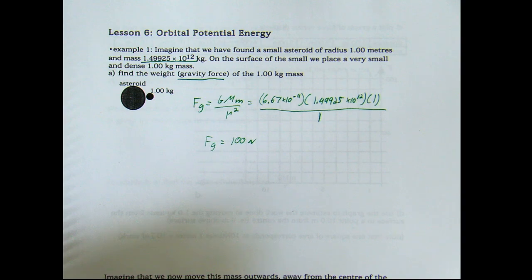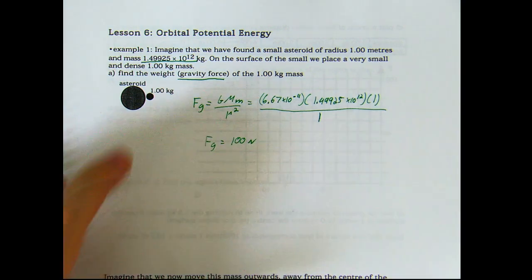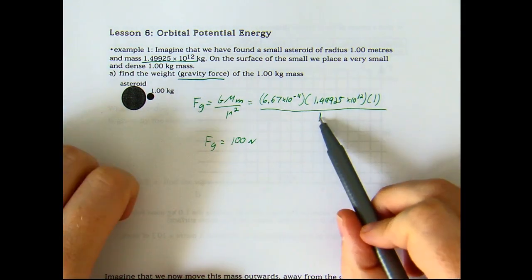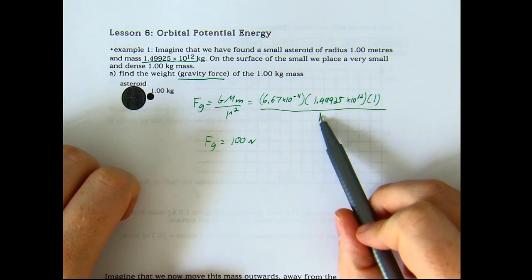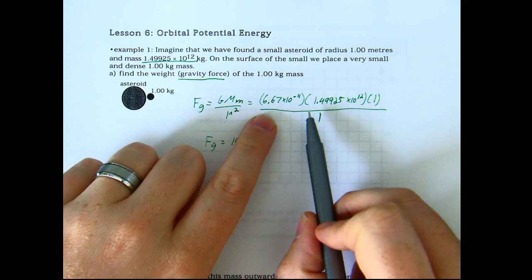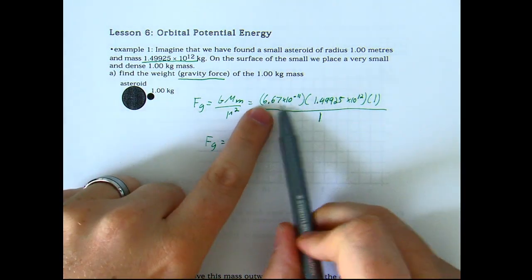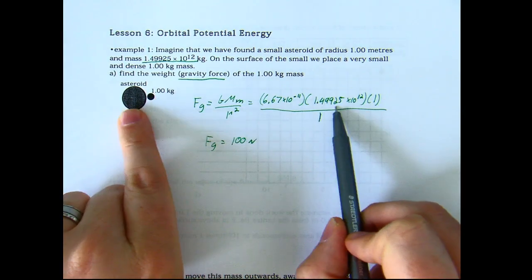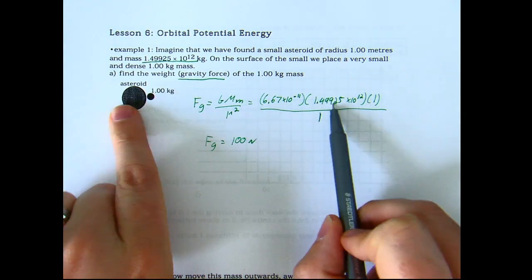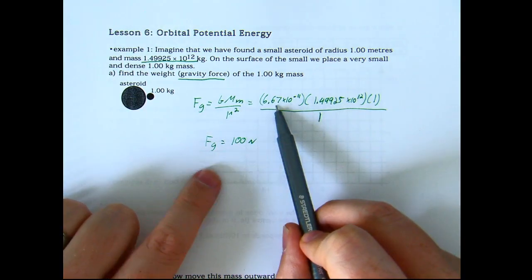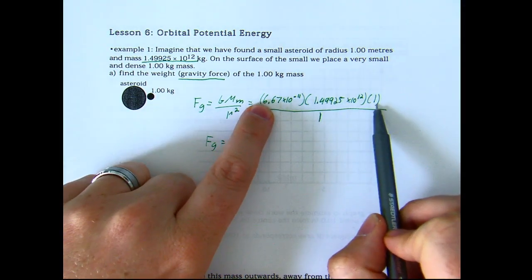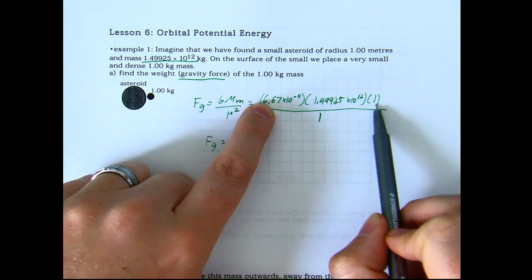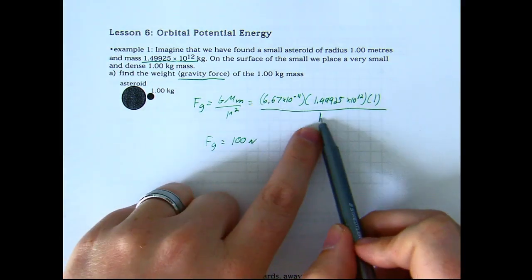What we can see here, though, is that this is going to remain constant. This is the mass of the 1 kilogram mass, the mass of the asteroid, and the universal gravitational constant. This is going to be 100 always. Here this is 1, we divided by it.